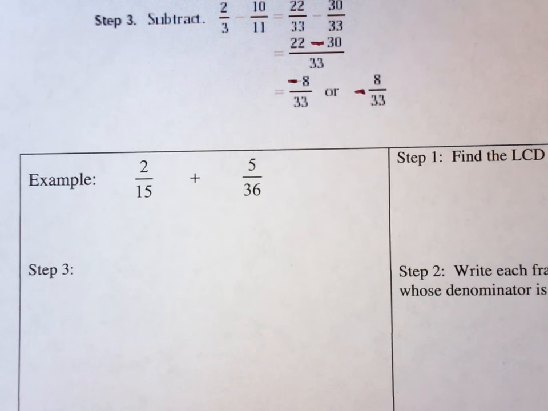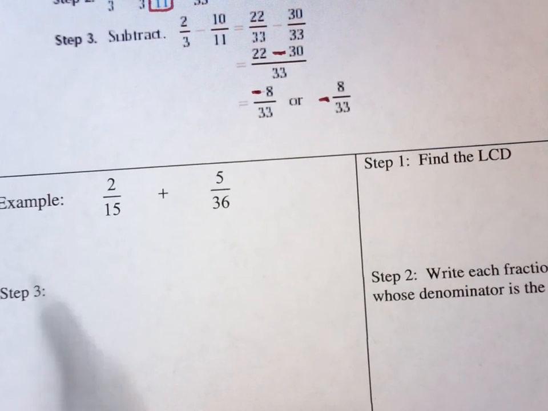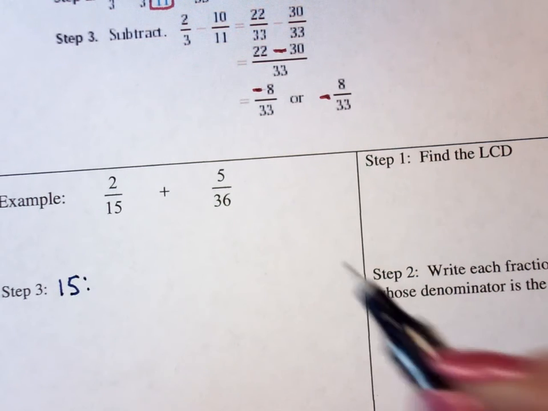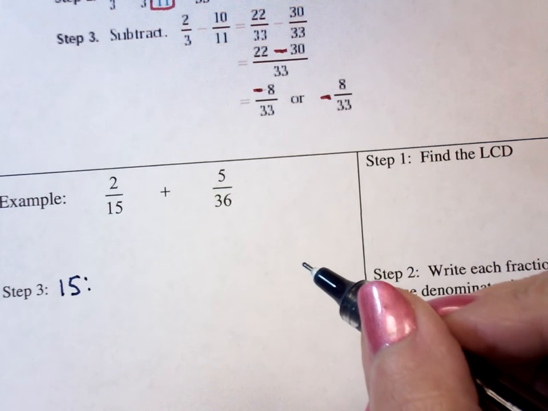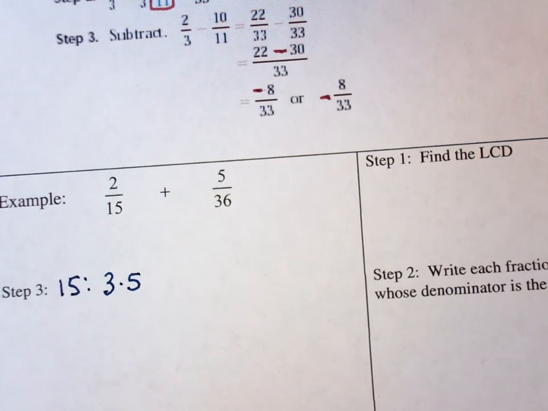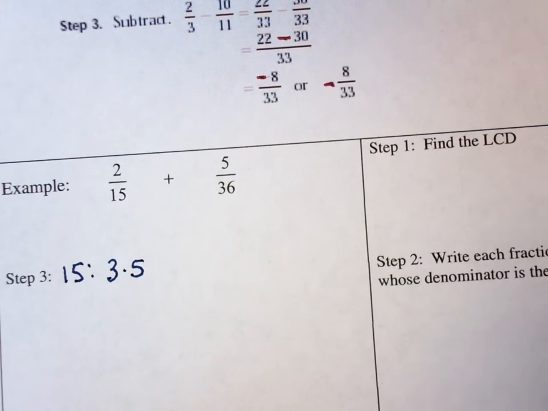Well, 15 times 36 is a very large number. However, what is the LCD? The first thing I do is look at the factors of 15. That's the first denominator. It's just 3 times 5. What about the second denominator?